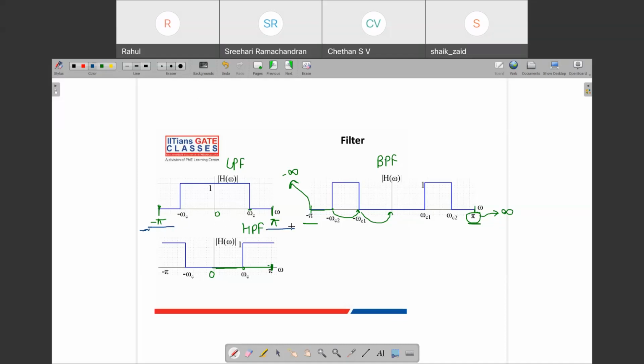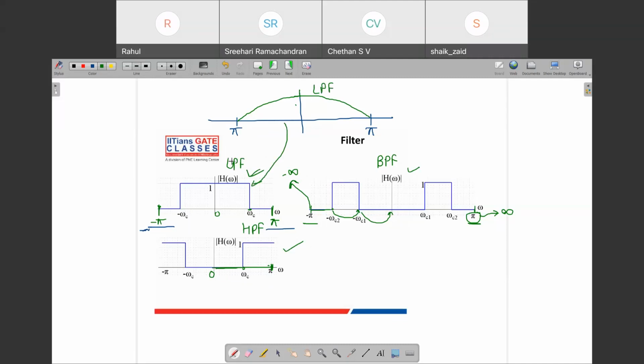Okay. So now let's come back to the filter that we plotted a few slides back. It was looking something like this, going up and then again going down. Now if you compare this filter with the low pass, band pass and high pass, it is a low pass filter which is very close to this, and that's why we call it a low pass filter.